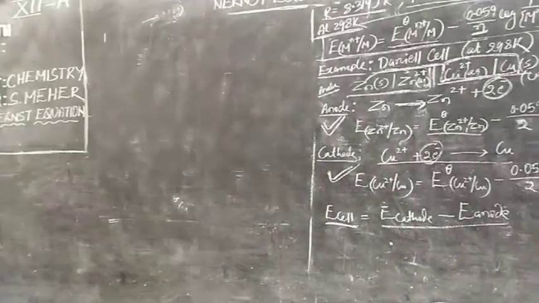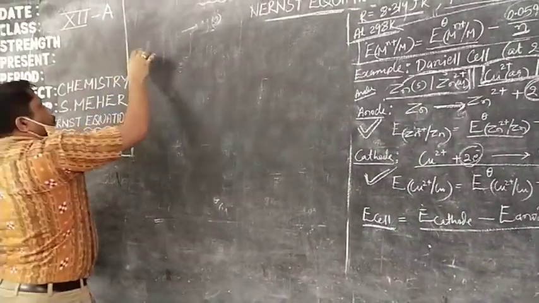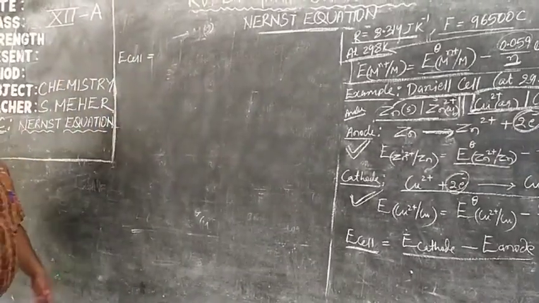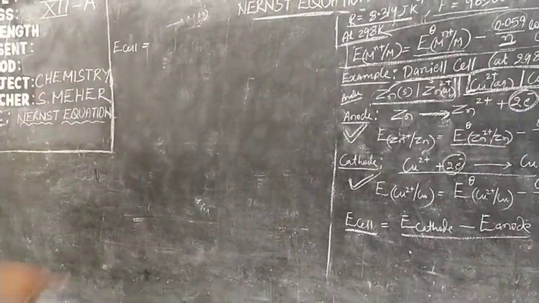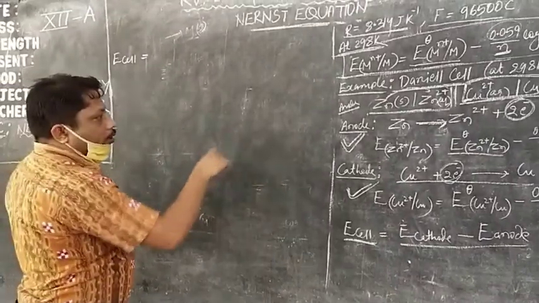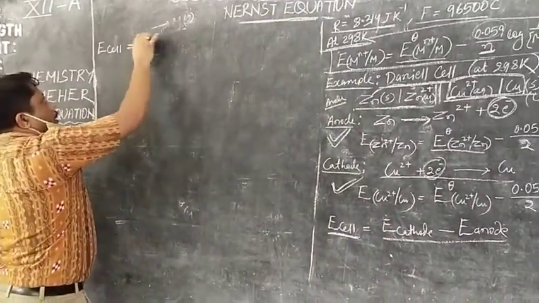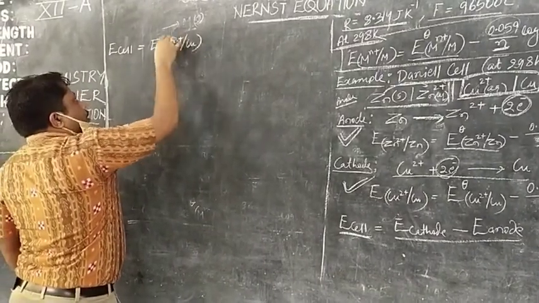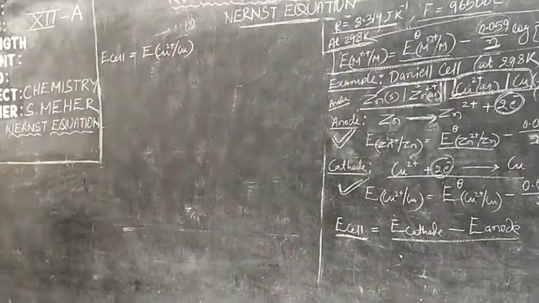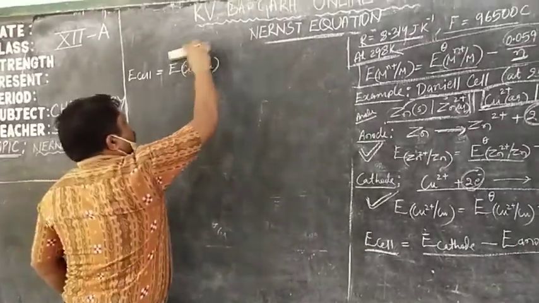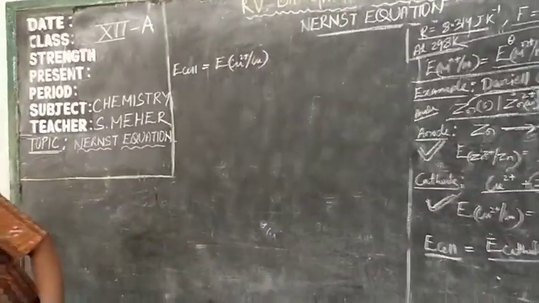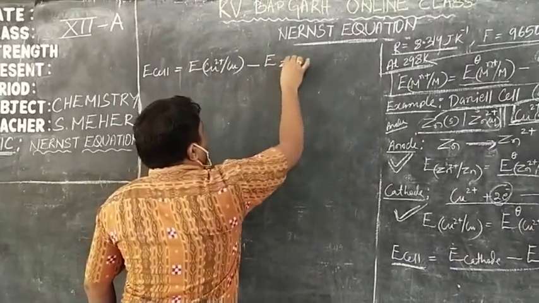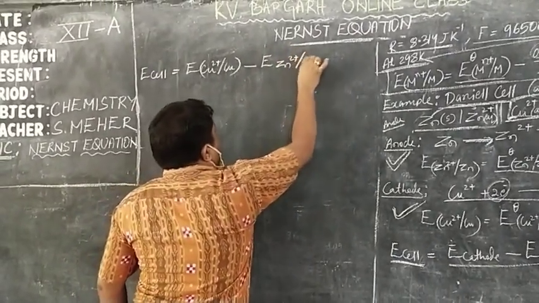E cell will be equal to, for the Daniel cell, what forms the cathode? The copper electrode, so E Cu2 plus slash Cu. What is the anode? It is E Zn2 plus slash Zn.